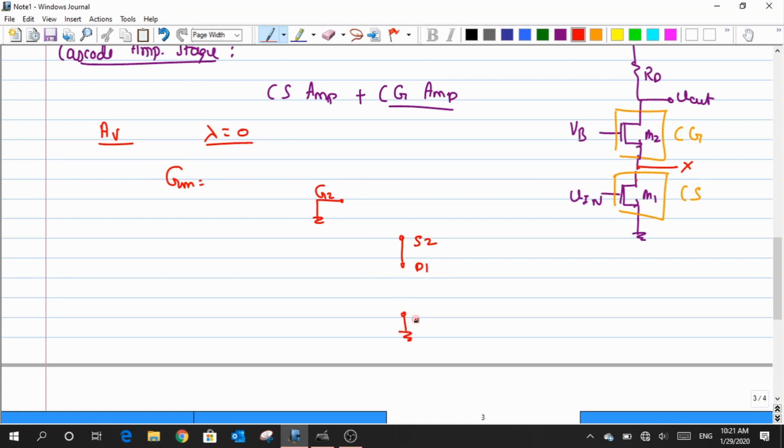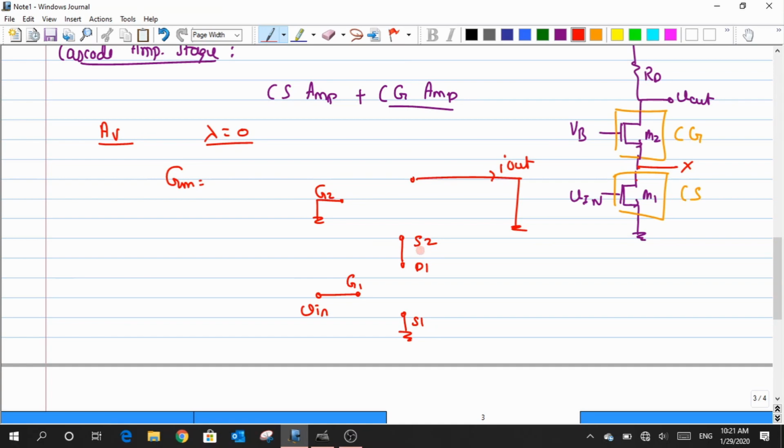I have this source connected to ground, and across G1 I have this small signal Vin. For obvious reasons I can drop the resistance RD, just because I'm trying to compute only the GM. So I drop this and look for this I out. If you are able to find the relation of this I out with respect to the input, then my GM computation is done.